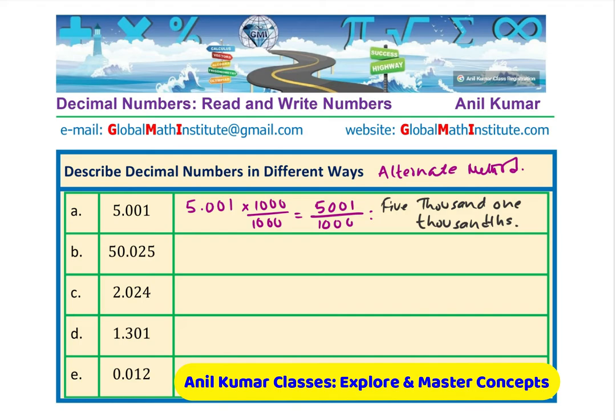So similarly, how will I read this number? So in general, I could write this number as 50025 divided by 1000, correct? Multiplying and dividing by 1000. So I can read this as 50,025 thousandths.